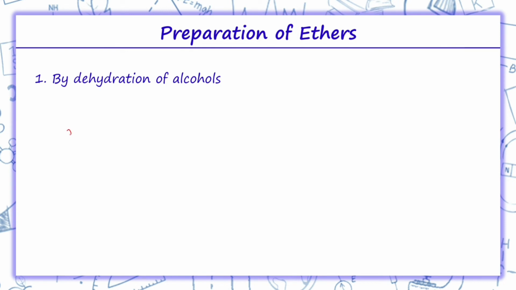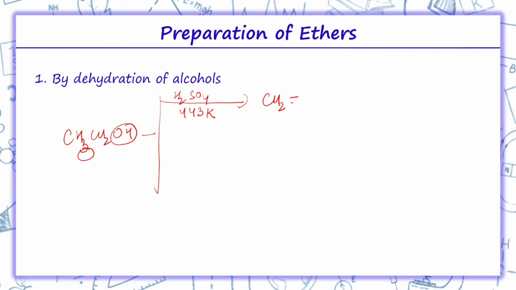So alcohols, that is CH3CH2OH, undergo dehydration in the presence of protic acid like H2SO4 at 443 Kelvin. At 443 Kelvin the removal of H2O takes place, that is dehydration, and thus we get alkene.